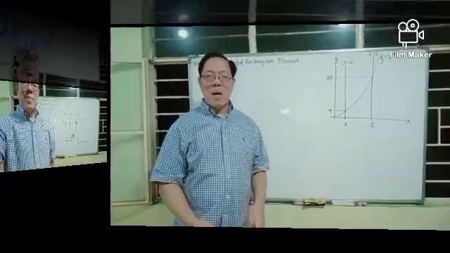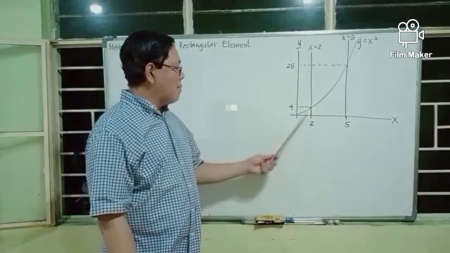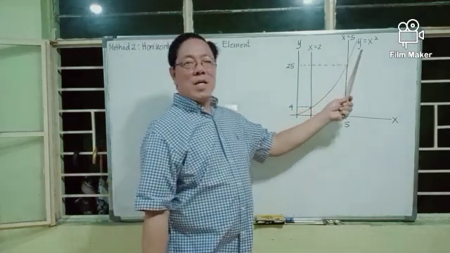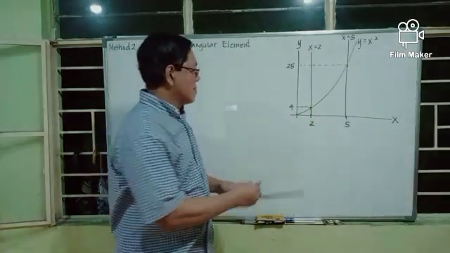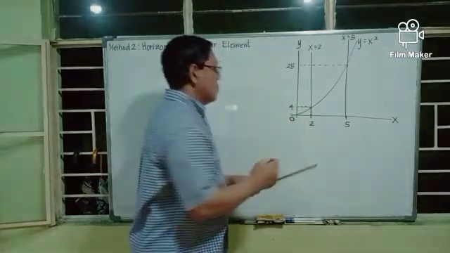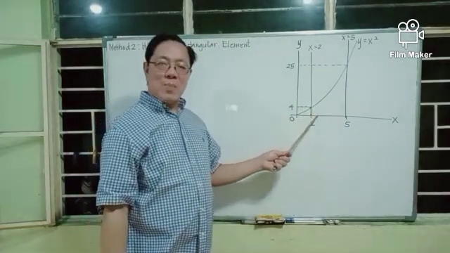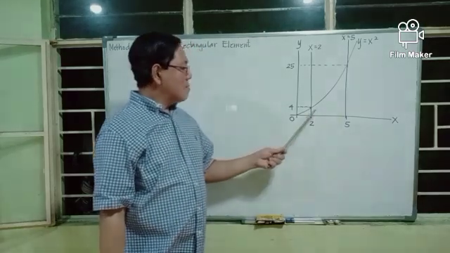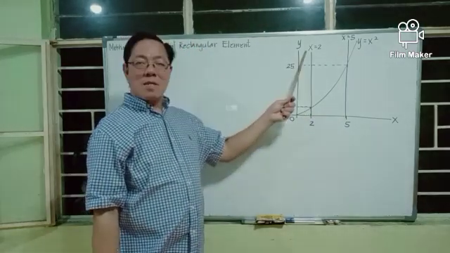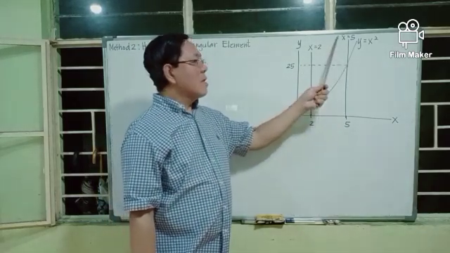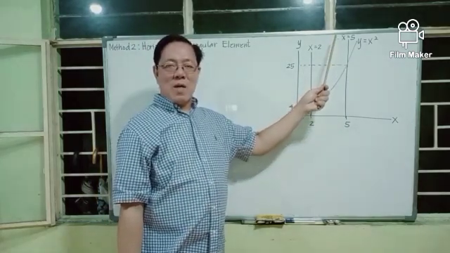We solve the same problem, that is, we find the area bounded by this part of the parabola with the equation y equals x squared, with vertex at the origin, bounded by this part of the x-axis, bounded by this part of the line x equals 2, and bounded by this part of the line with the equation x equals 5.